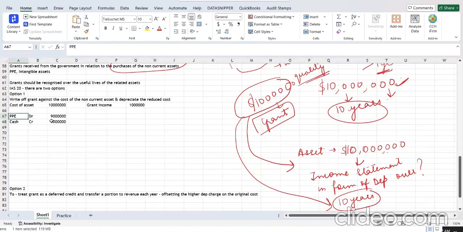So it will be 9 million. Out of 10 million, I received grant income of 1 million, then the balance would be 9 million. So this is option one.